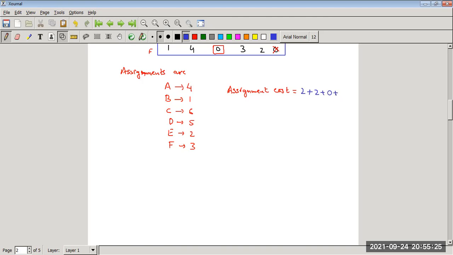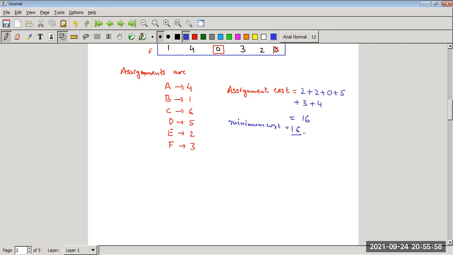D assigned for the fifth job is 5. E for the second job it is 3, and F for the third job it is 4. So we add it: 2 plus 2 is 4, 4 plus 5 is 9, 9 plus 3 is 12, 12 plus 4 is 16. So the assignment cost is 16. So in this way we can calculate the minimum cost. So the minimum cost is equal to 16.